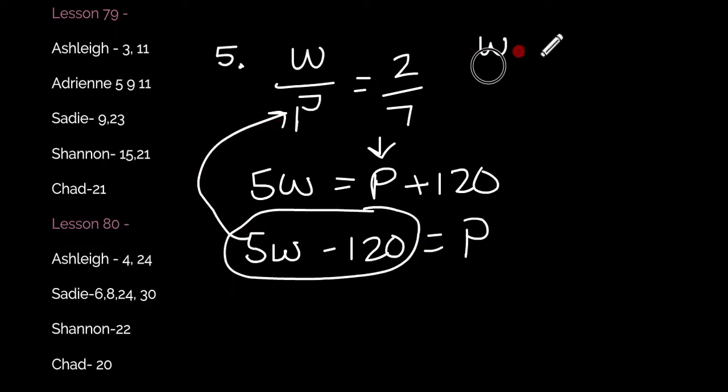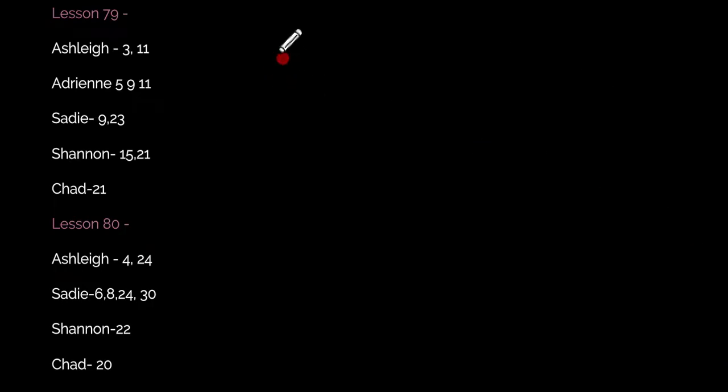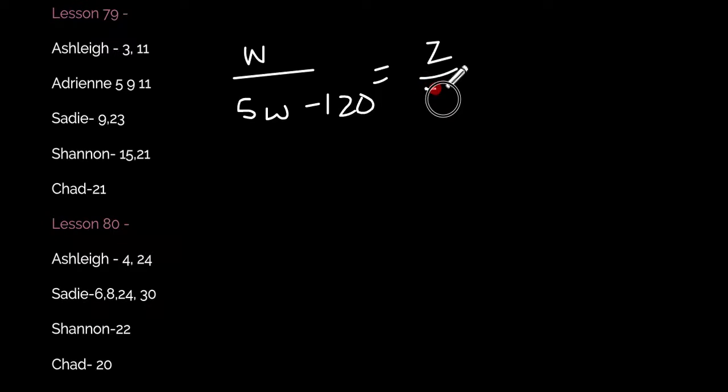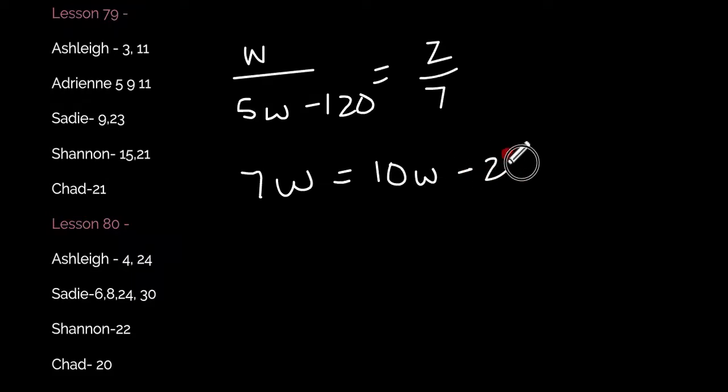So W over 5W minus 120 doesn't equal P, it equals 2/7. Oops, oh my goodness, I just erased the whole thing. So we have W over 5W minus 120 equals 2 over 7. And then we'll cross multiply. So we get 7W equals 10W minus 240.